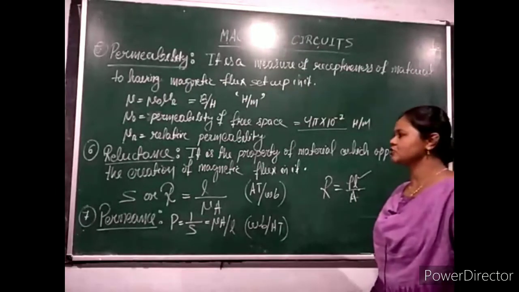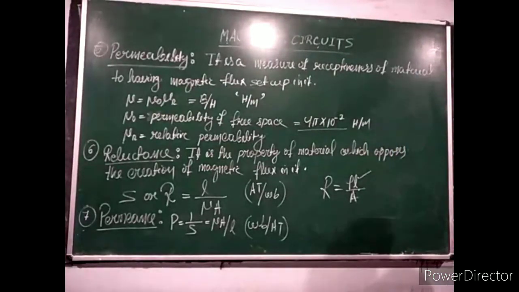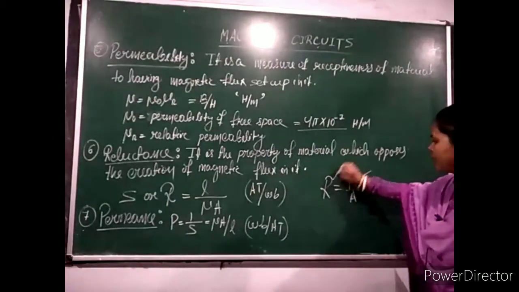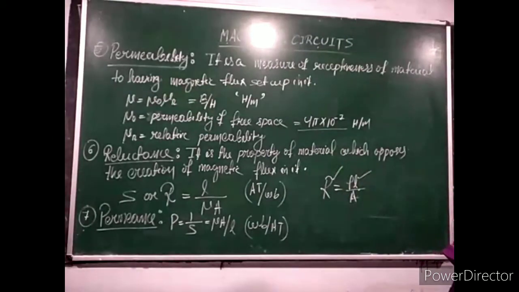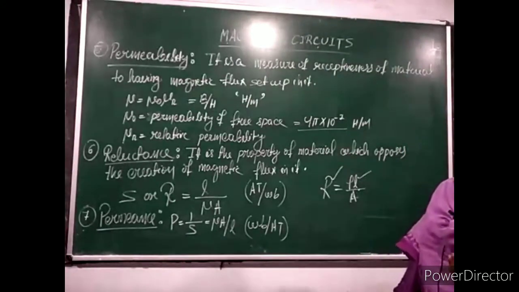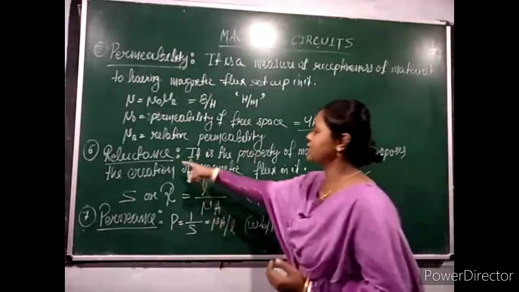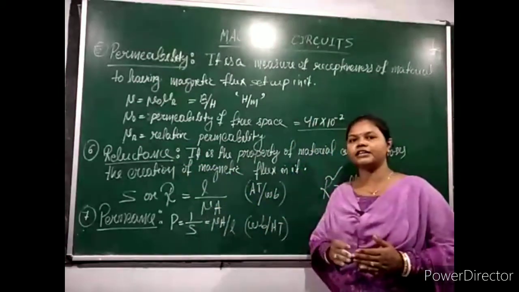Reluctance is the property of the magnetic material which opposes the creation of magnetic flux in it. In an electric circuit, resistance opposes the flow of current through the conductor. Similarly, in a magnetic circuit, reluctance opposes the creation of magnetic flux.